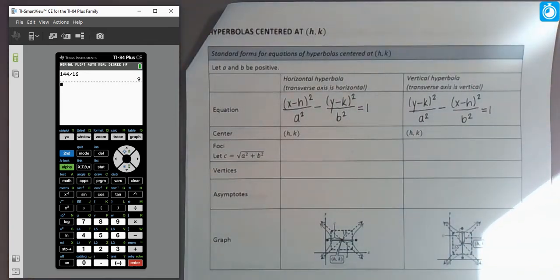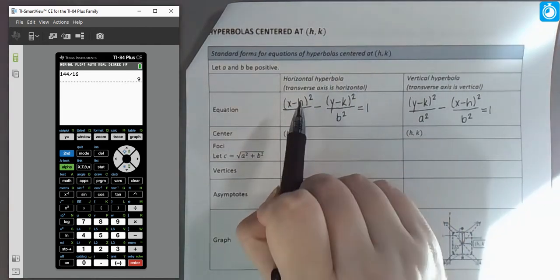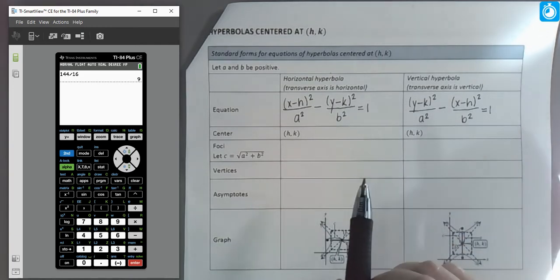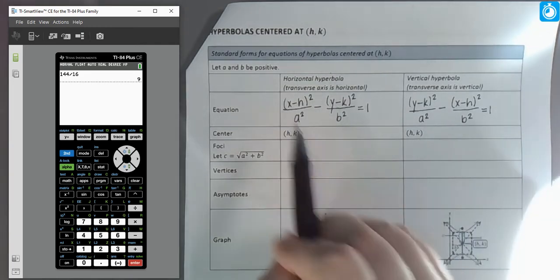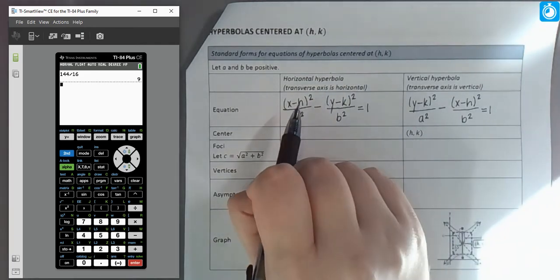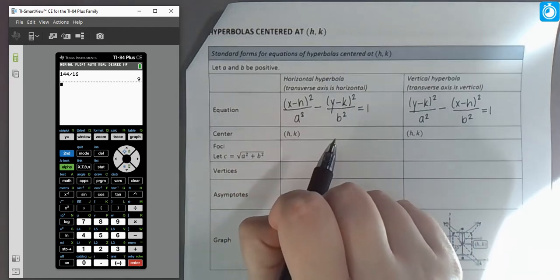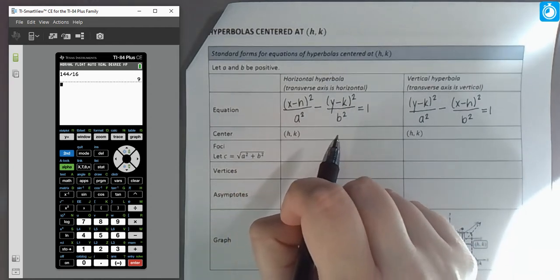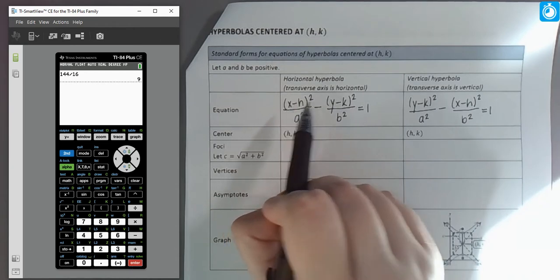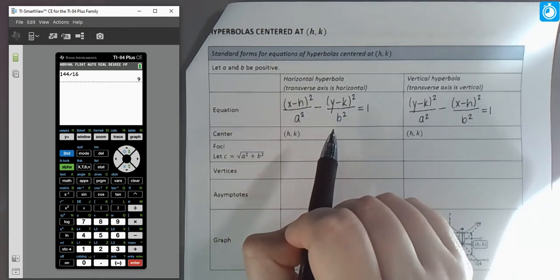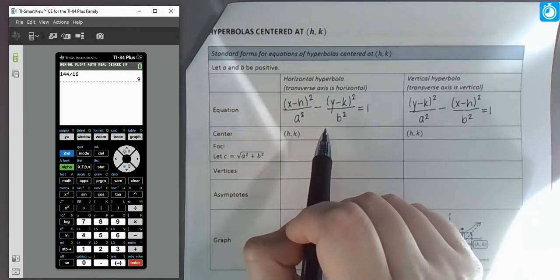Okay, so just as with ellipses, we have to pay very close attention to what's actually here in the standard form. So notice h and k are being subtracted. That means if we truly see subtraction in our standard form equation, then h and k, the actual values, have positive signs. If instead we see an addition, we think of an addition as being subtraction of a negative value.